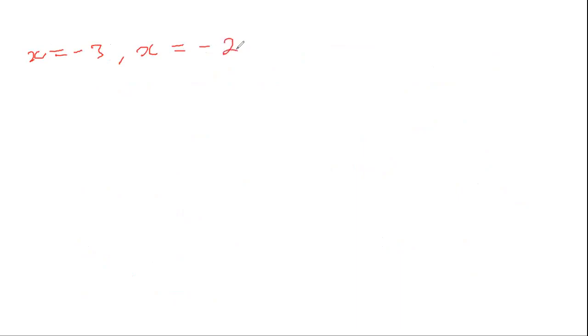So we are now going to work backwards. So we are going to bring the 3 here, so it will become x plus 3 is equal to 0. We are working backwards. x plus 2 is equal to 0. So here it will be x plus 3 into x plus 2 is equal to 0.